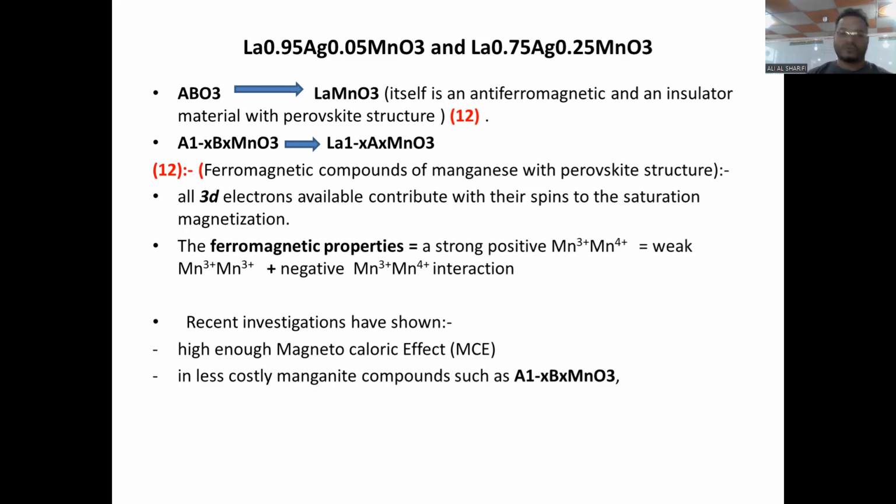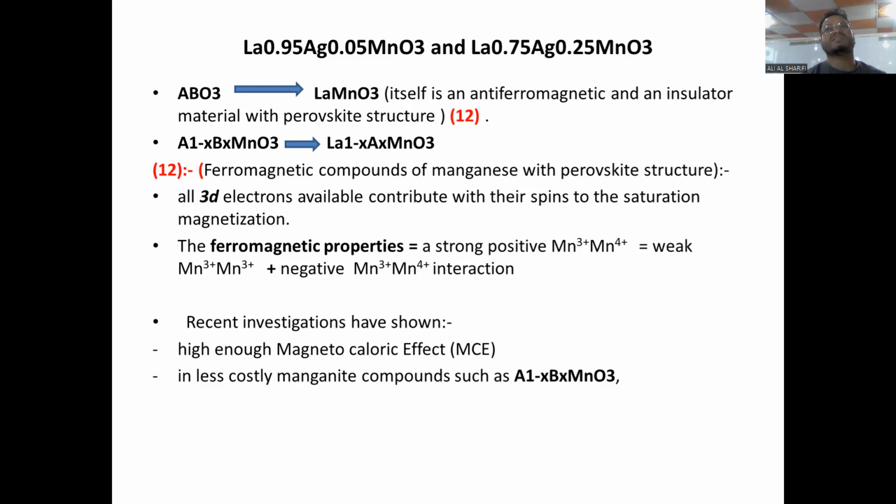The 3d electrons are available to contribute with their spins to the saturation magnetization. And let's say what the magnetization or ferromagnetic property is.